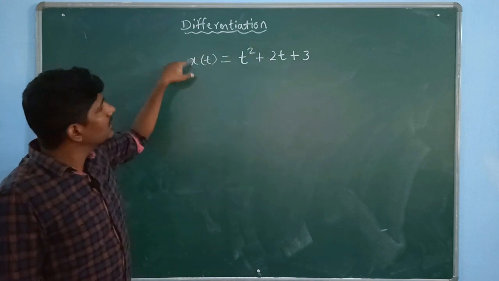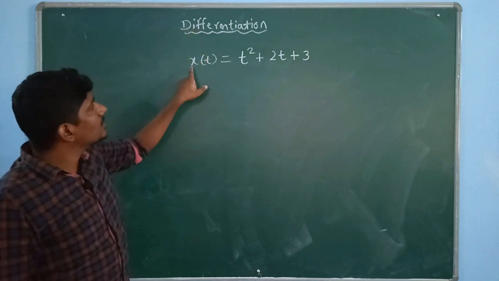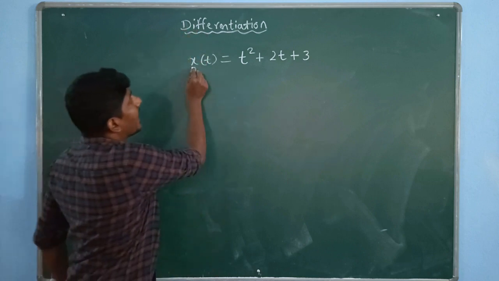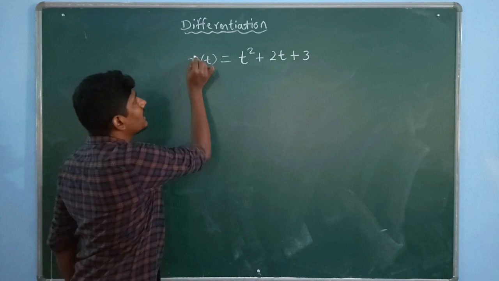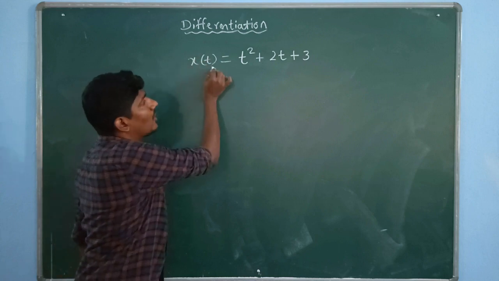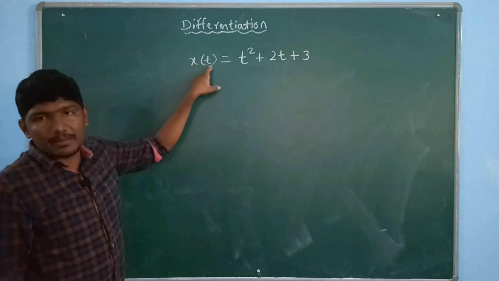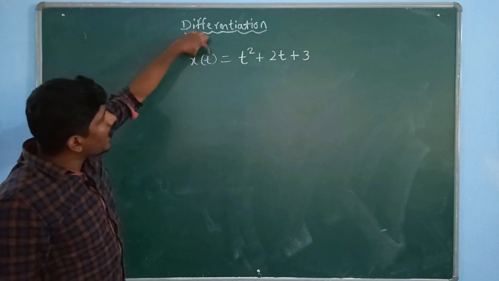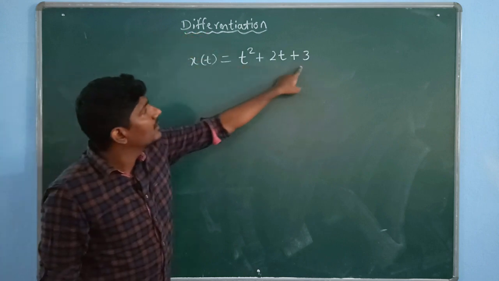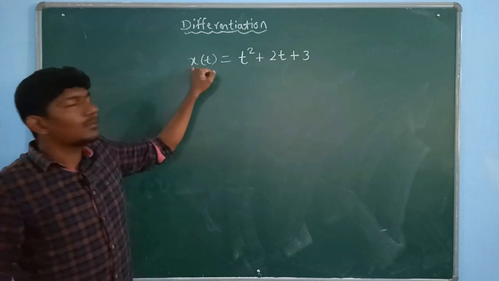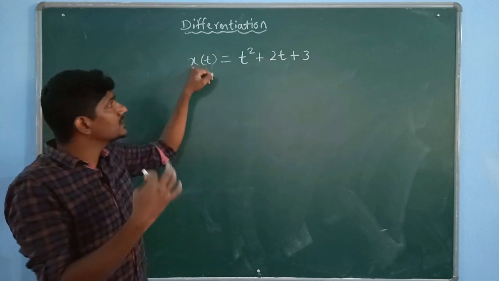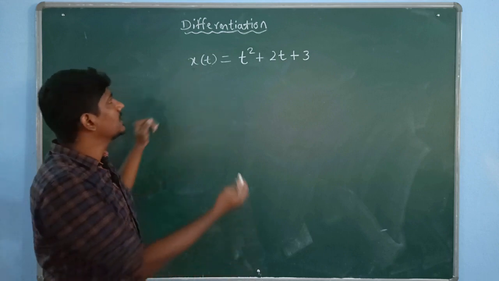X means position, and in bracket we have t. So it is x of t. It is not multiplication. What is x of t? X is the function of time. It means as time changes, position also changes. This is an example of motion actually.